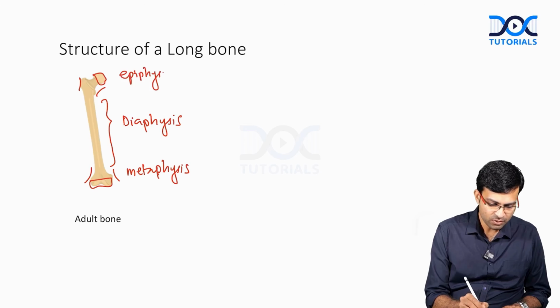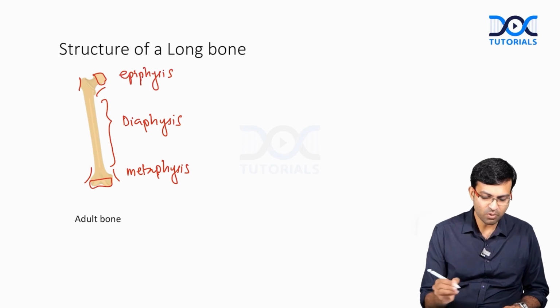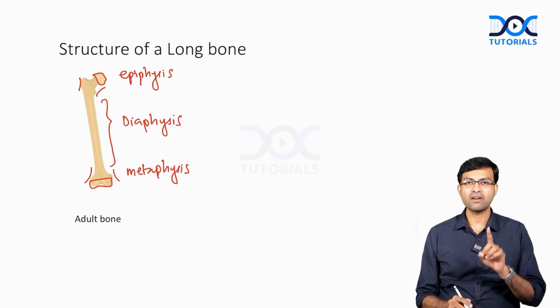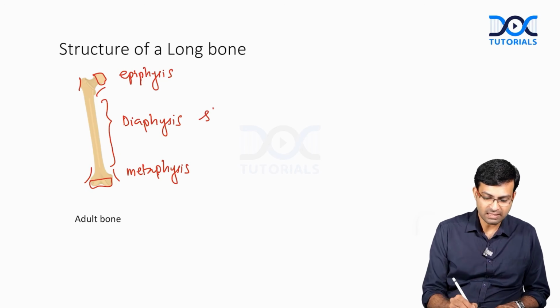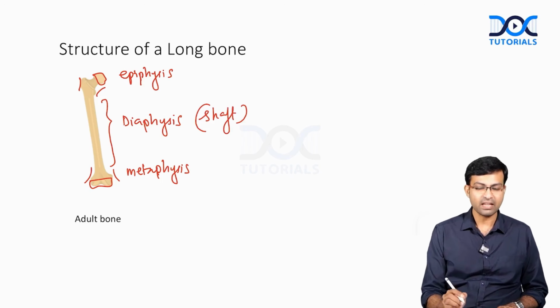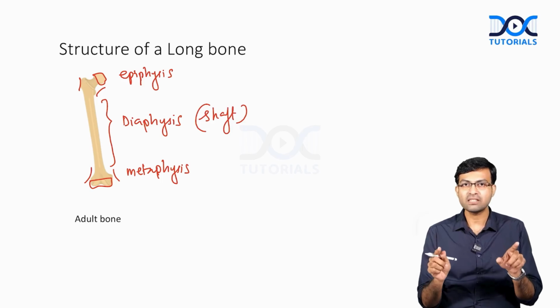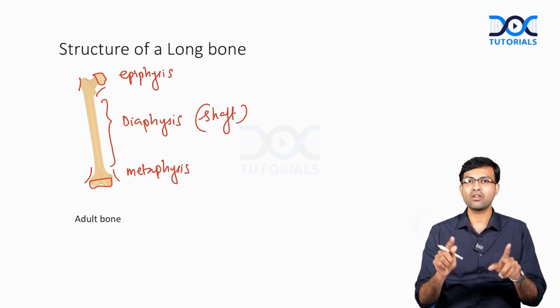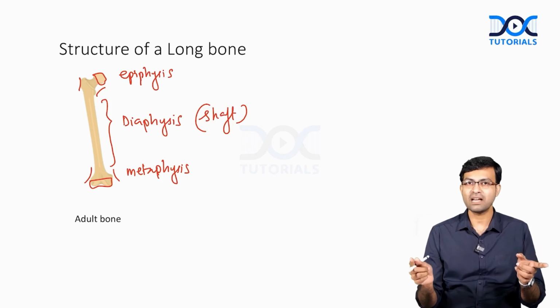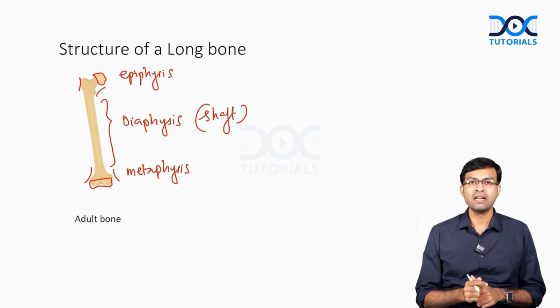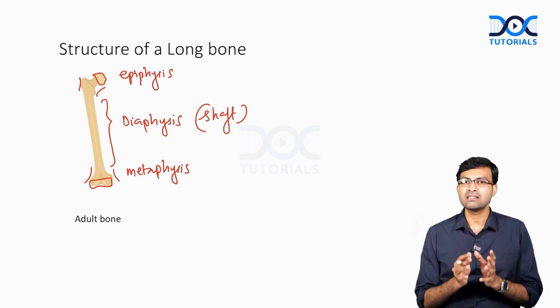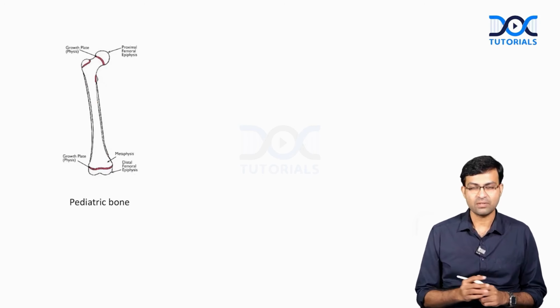So basically every long bone will have a diaphysis, which is also called as the shaft of the bone. Then on either side of the diaphysis we have two metaphysis, and on the very ends of the bone we have two epiphysis. Okay.